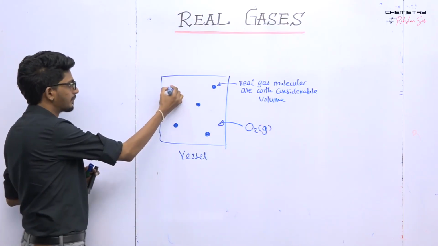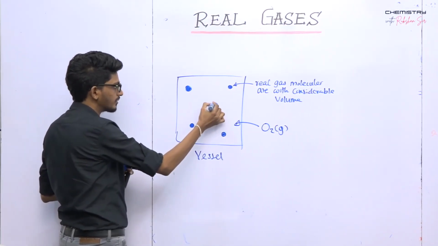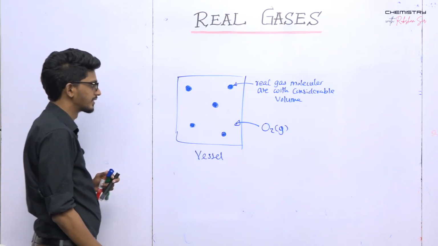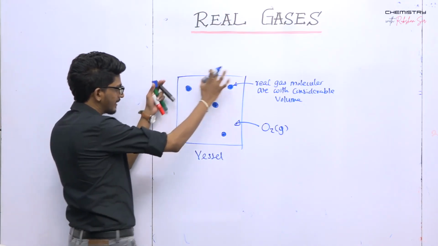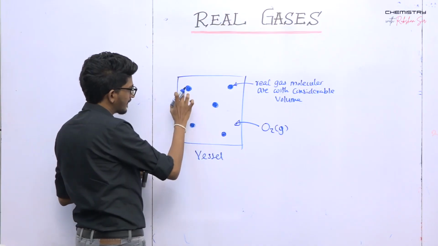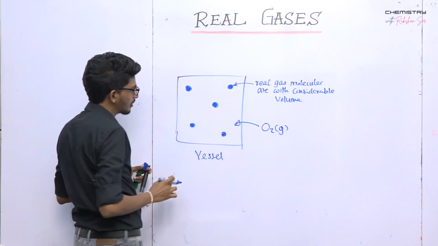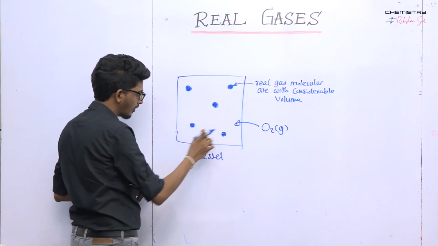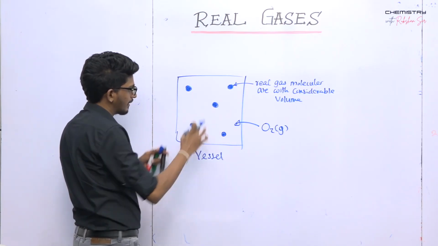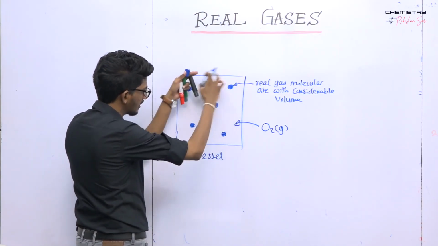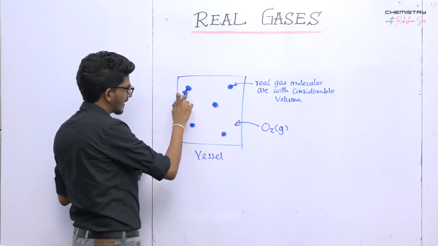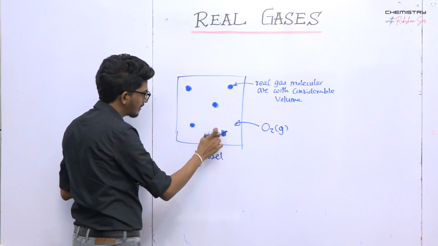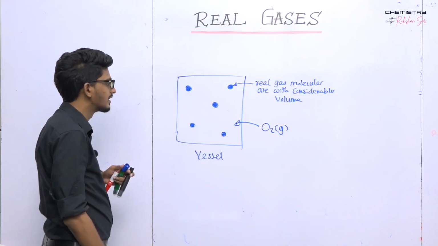So compared to the total volume of the vessel, the volume occupied by the real gas molecules is not negligible, as these molecules have some volume. The space occupied by them can't be neglected.